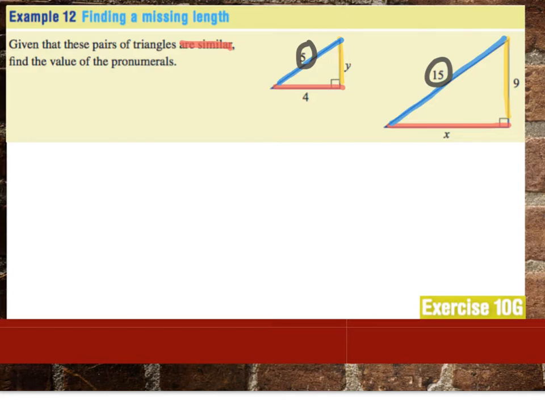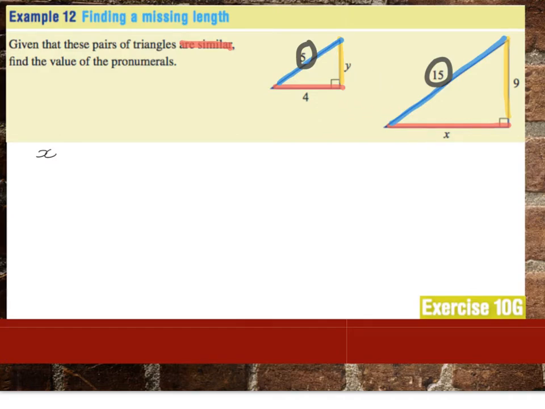So I want to find x, and I'm going to start with x on my ratio. I'm going to use x over the red side over the blue side, and I'm going to use the blue side because I have both those sides in both triangles.